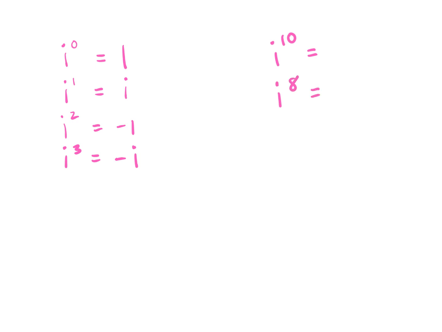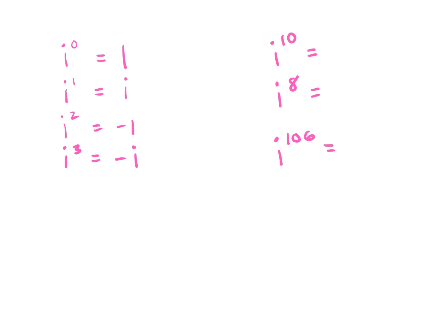Would this also be negative 1? But how do we know? You could do that. But what if I had I to the power of 106? Be a little bit harder to write it out, right?